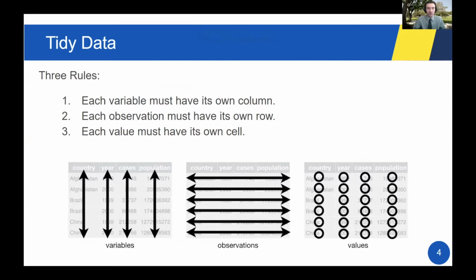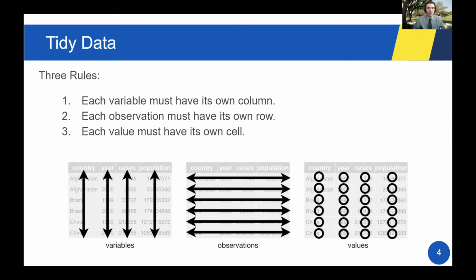The second rule is that each observation must have its own row, so that will be in the middle there. So each observation has all of its data in only one singular row. And finally, each value must actually have its own cell. So if I were to pick any random cell in a set of tidy data, it should contain just one singular value.